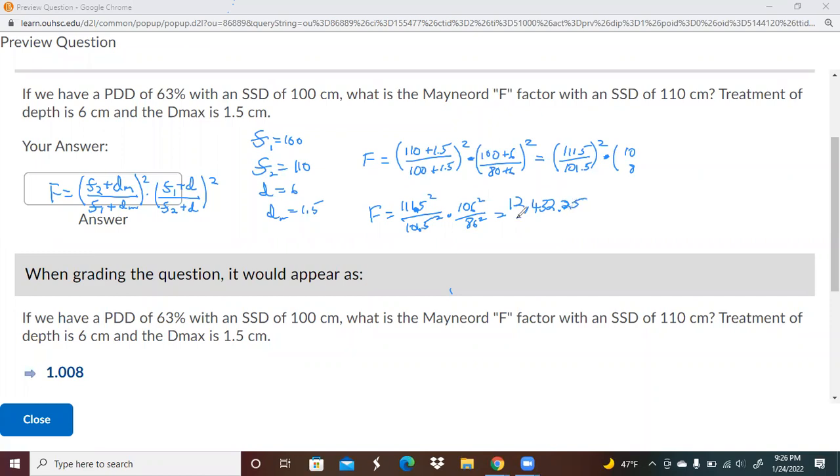So 10,302.25, which probably sounds a little familiar because it came out from the last problem. Multiplied by 106 squared, which is 11,236.